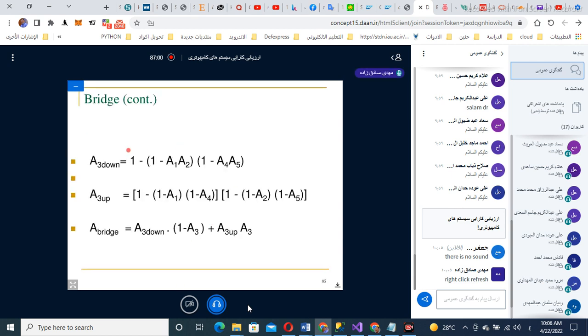If A3 is down, that is 1 minus A1, A2 multiplied by 1 minus A4, A5.